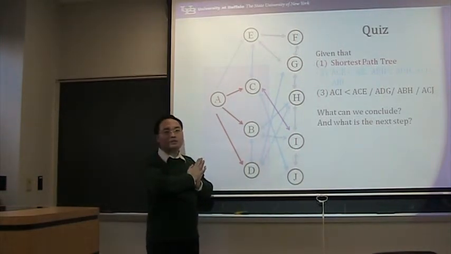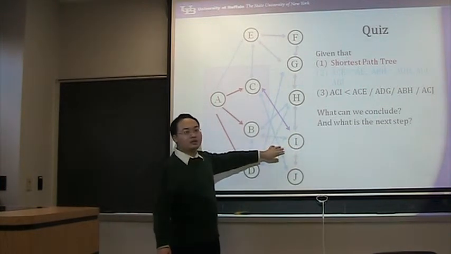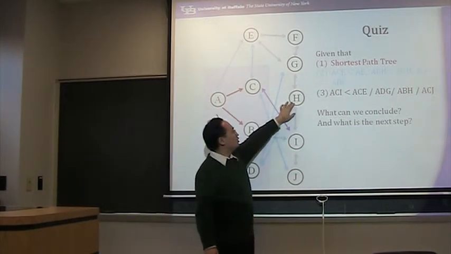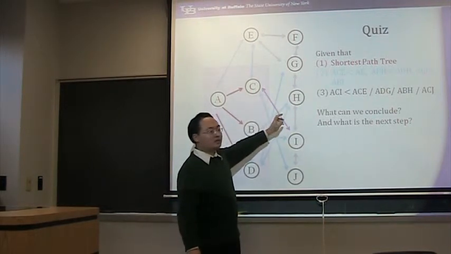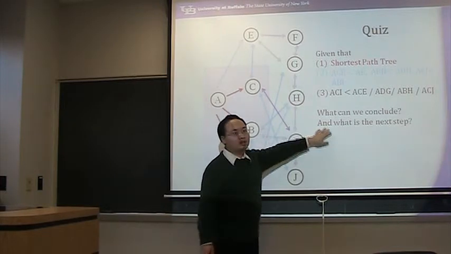And then what should we do? After this, we have to update the shortest path from this tree to adjacent nodes.